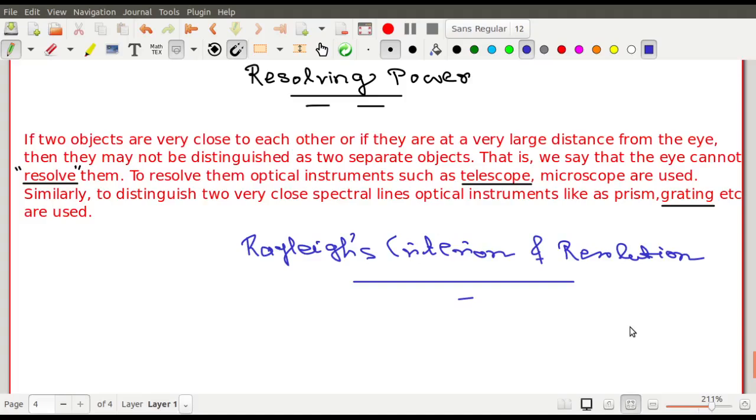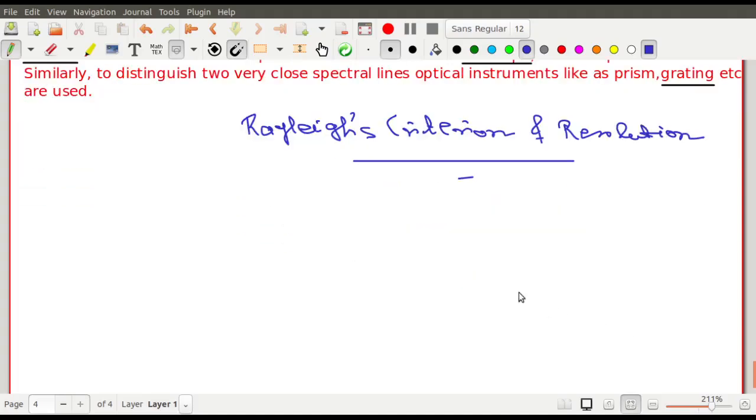For this, let me write the statement first, and then I will import two optical diagrams over here that I have taken from some standard books.